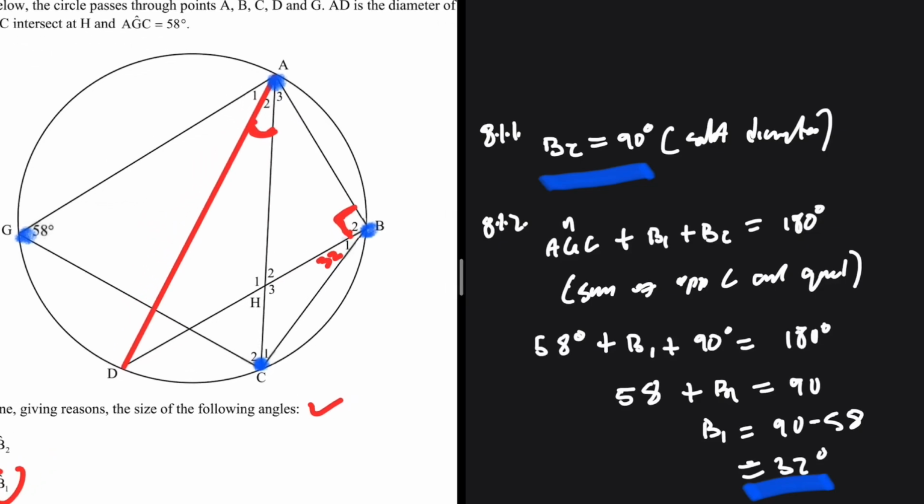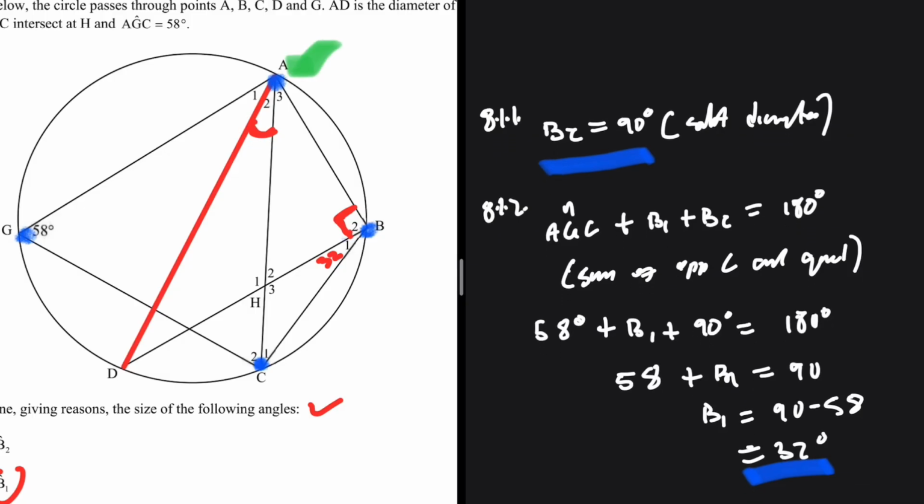Well, A2 and B2 can be some of the angles in triangle ABD. But that seems a bit far-fetched because we don't have the size of this entire angle. We just have this 90. So it seems a bit far-fetched.